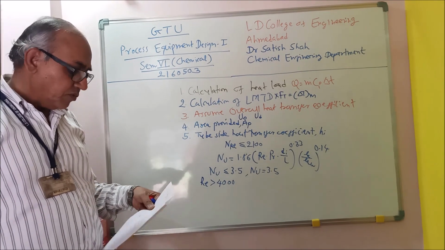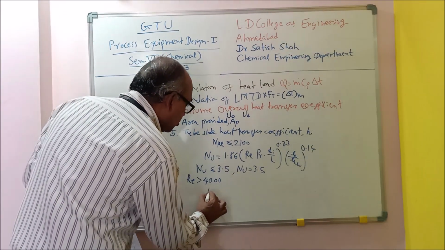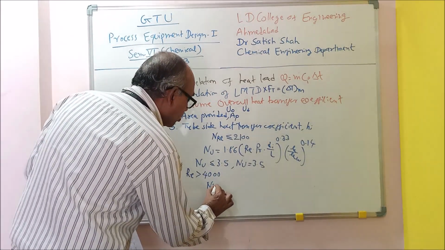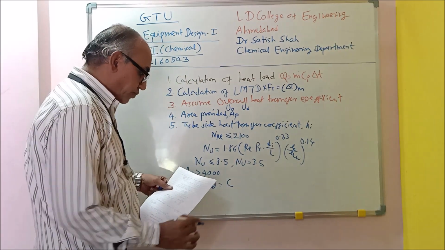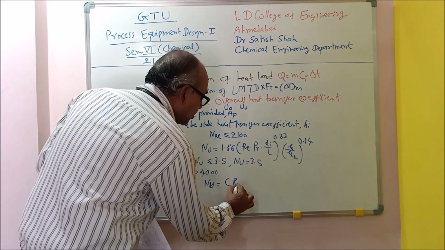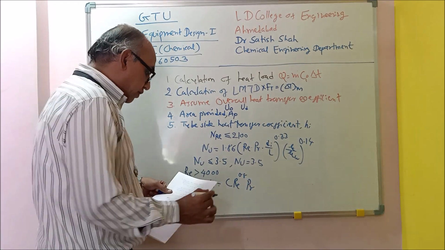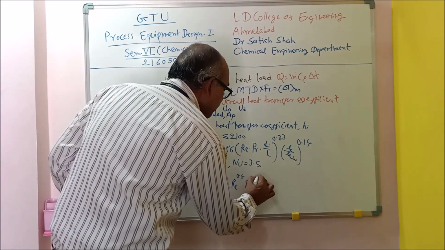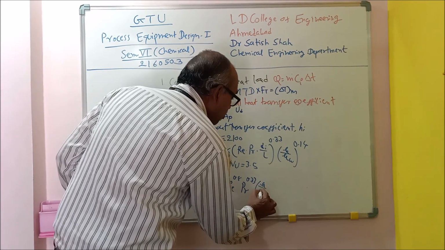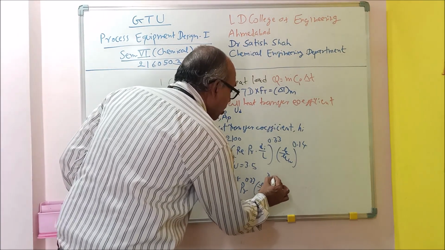In that case, our formula will be Nu is equal to C Re raised to 0.8 Pr raised to 0.33 (mu by mu W) raised to 0.14.